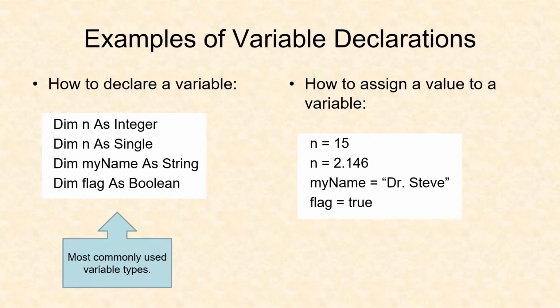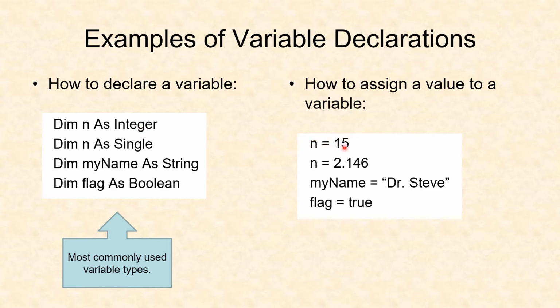When you're coding in VBA, here are some examples of how you can declare variables. And notice I'm using those three most commonly used types of variables. So first I declare it, Dim n, so n will be the name of the variable, As Integer. So you know that that's going to hold some value that's a whole number. n = 15.